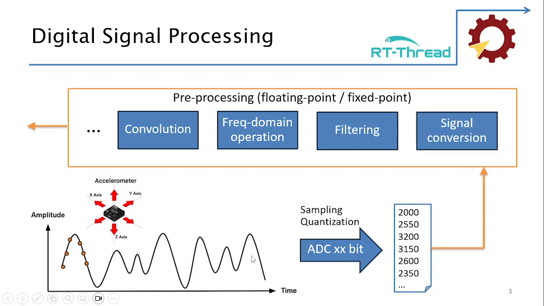And then the sequence of data needs to have something done to it in order to improve it. And yes, this is the domain of what we call digital signal processing. So it is about how to work with a sequence of numbers gained from the physical world.